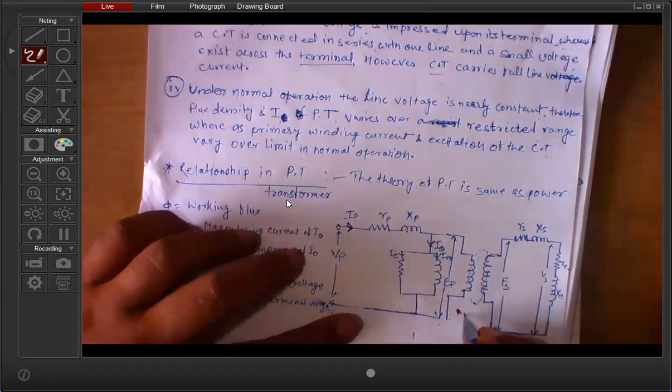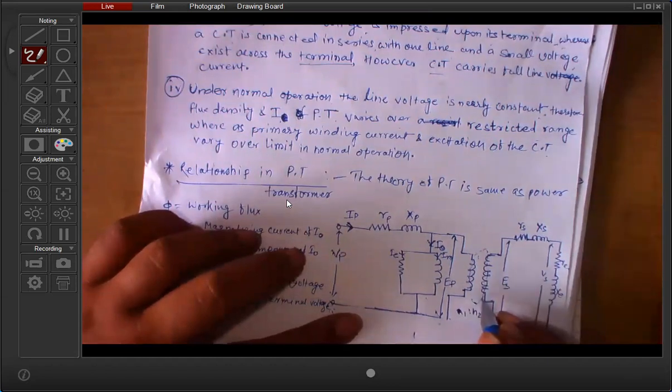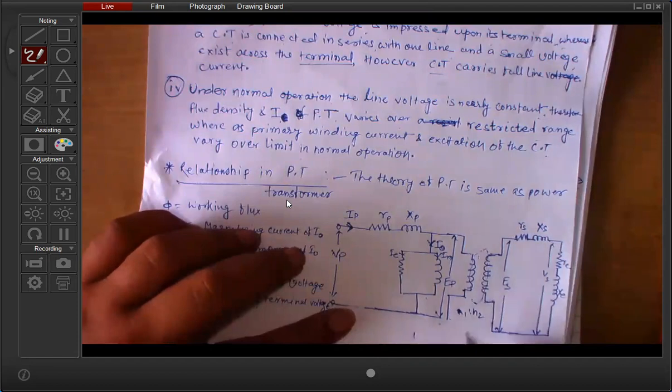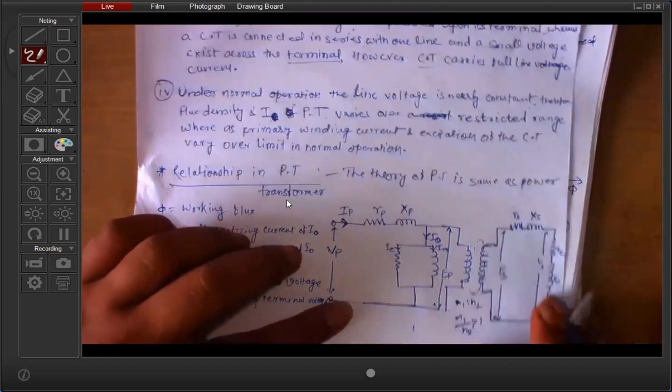Suppose N1 is the number of turns in the primary winding, and N2 in the secondary winding. Always remember N1 by N2 is greater than 1 because it is a step down transformer.